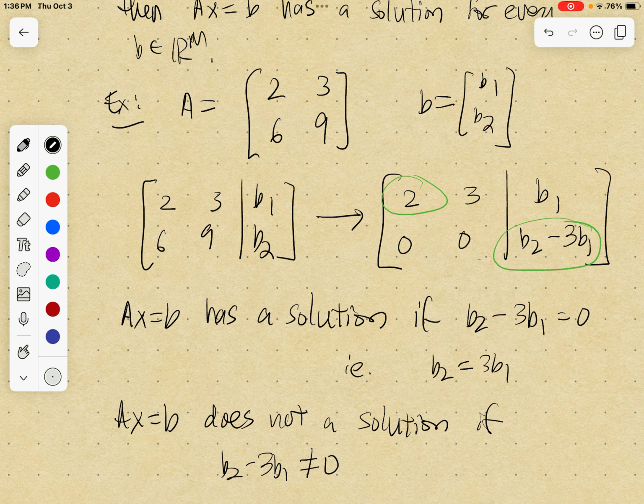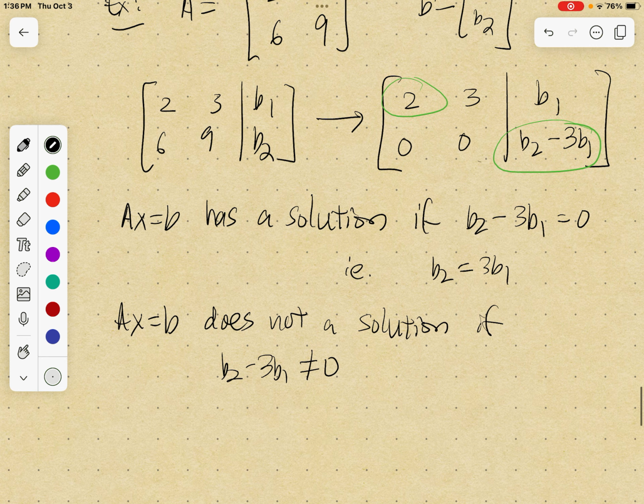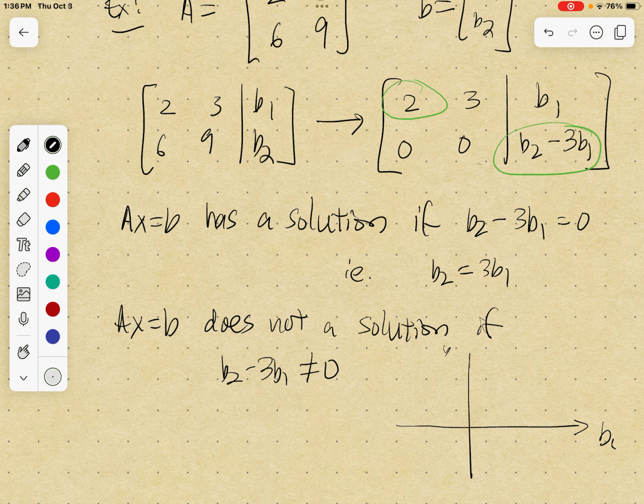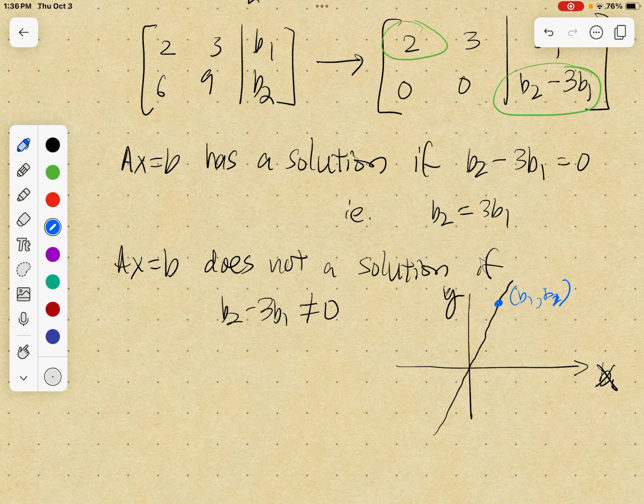And we can actually graph what this looks like. B2 equals 3 B1. Let's just call it x and y. So this would be like y equals 3x. If your B1, B2 is on this line, then for these B1, B2, AX equals B has a solution.